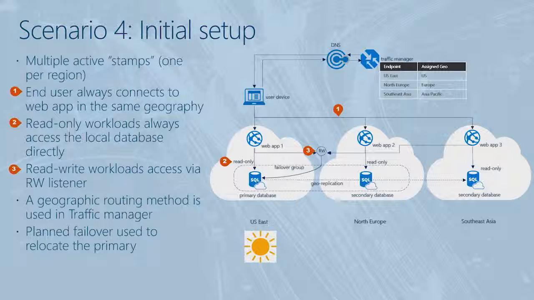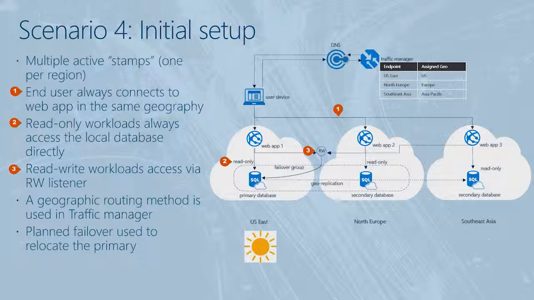So when it is daytime in the US, essentially the application is available for read-only and read-write access in the same geography. The profile in Traffic Manager is configured with what's called the geographic routing method, which means it detects that the end user is located in the same geography, and it routes to the closest data center relative to where the end user is.